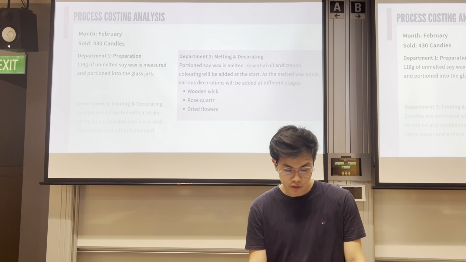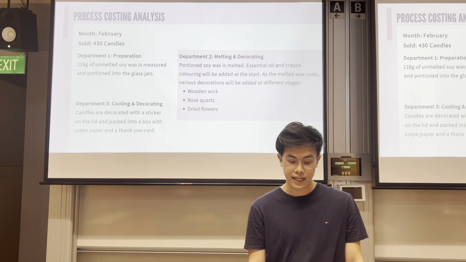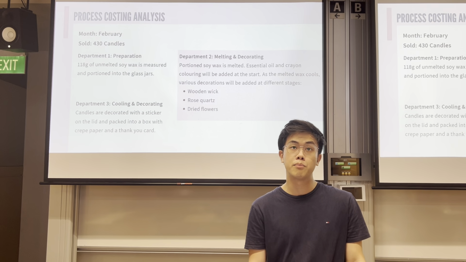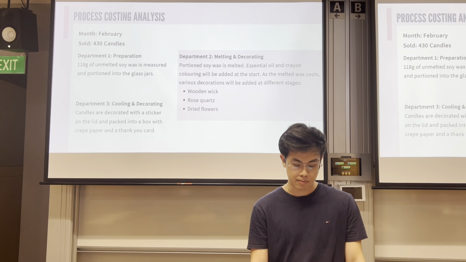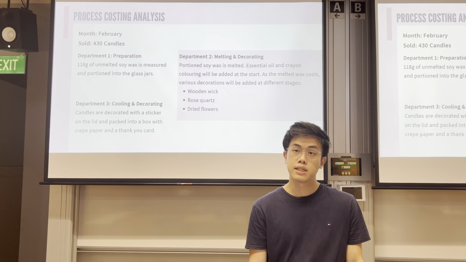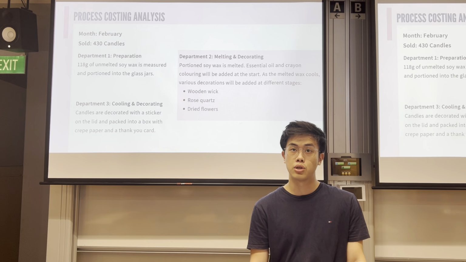So then, for the process costing analysis, we chose the month of February, where Heavenscent had their highest units sold. They sold 430 candles in that month. In the 3 departments, you have Department 1, preparation, where 118 grams of unmelted soy wax is measured and portioned into a glass jar. For Department 2, melting and decoration, the portioned soy wax is then melted and essential oil and crayon colouring will be added at the start.